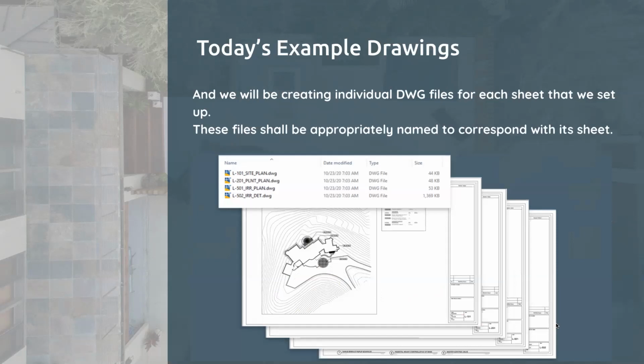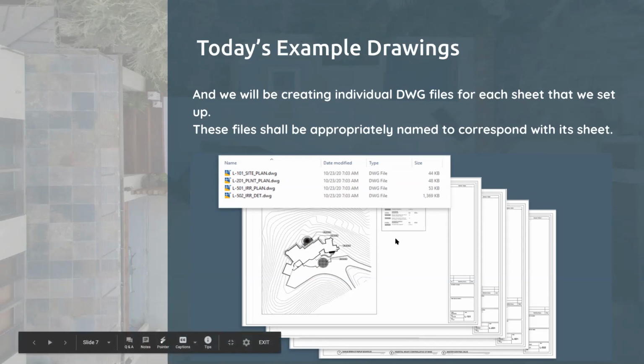And when we set up our sheets, we're going to be setting up individual DWG files for each sheet. And these files will be appropriately named to correspond with its sheet. Examples here, we have our sheets up front, and those kind of correspond to the sheets that are here printed.